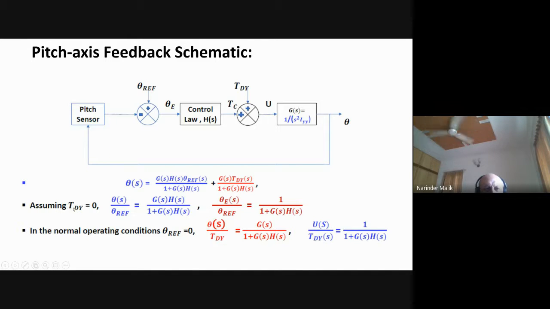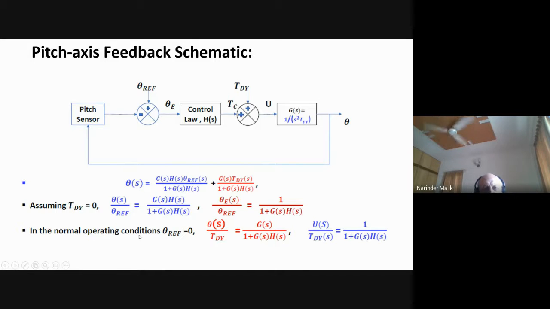Assuming disturbance torque is 0, we can write theta s divided by theta reference like this, and theta E is the error. This is theta s, this is theta E. This portion, theta reference minus theta, I can write like this. The transfer function is like this.